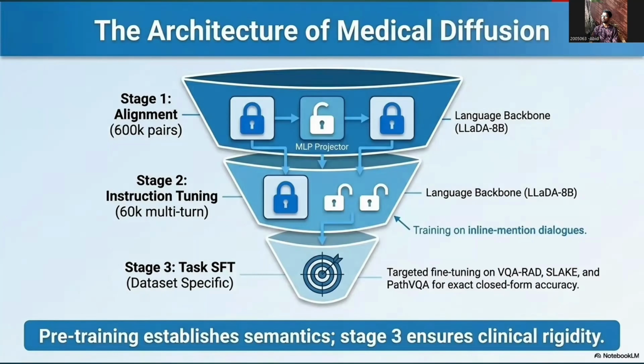Stage 2 is the instruction tuning, which uses 60,000 multi-turn dialogues with inline mentions so the model learns how to converse. Finally, stage 3 is a task-specific fine-tuning on datasets like VQA-RAD and SLAKE. This final stage is crucial because it ensures exact closed-form accuracy and strict clinical rigidity.